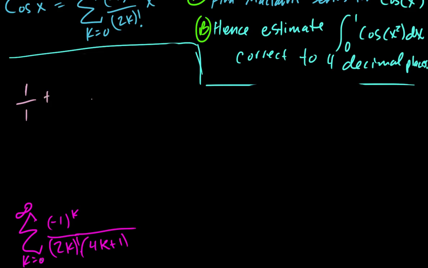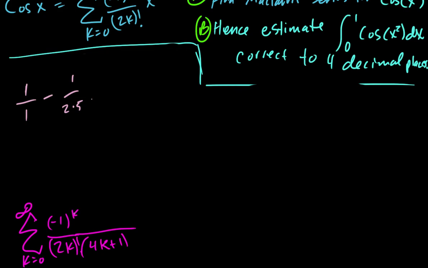Now the next term, plug in a 1, we get a negative. Plug in a 1, that's 2 factorial, which is 2. And plug in a 1 here, that's 4 plus 1, so we get 5. So that's going to be 1 over 10.